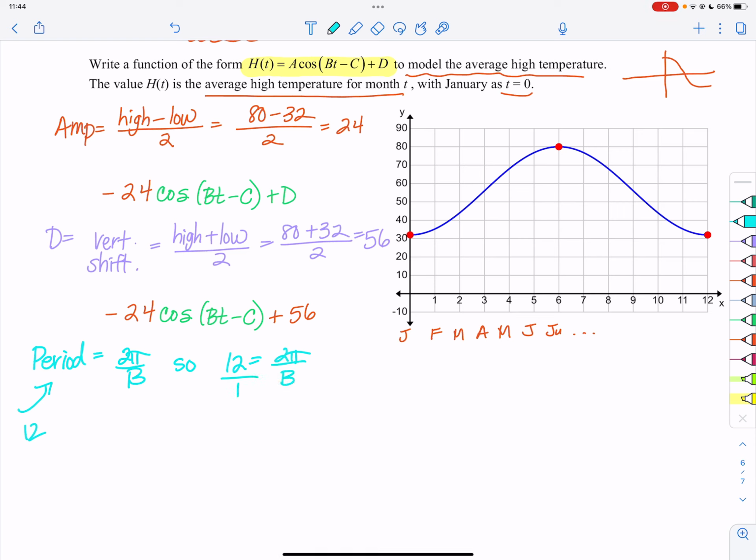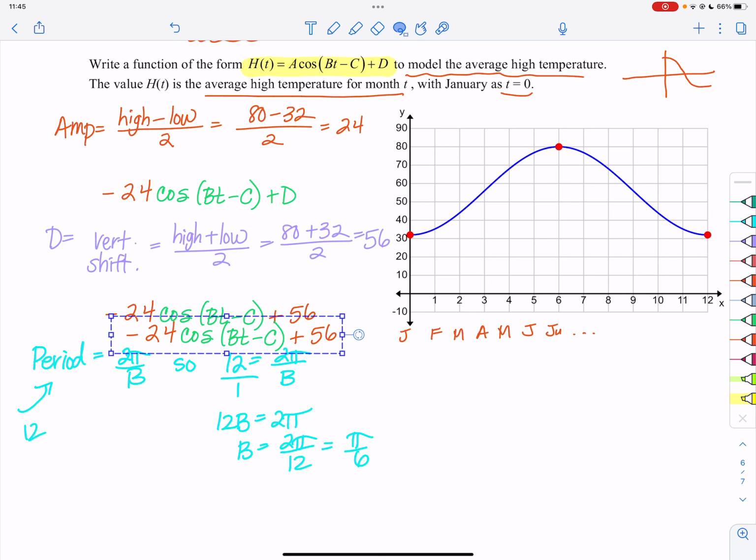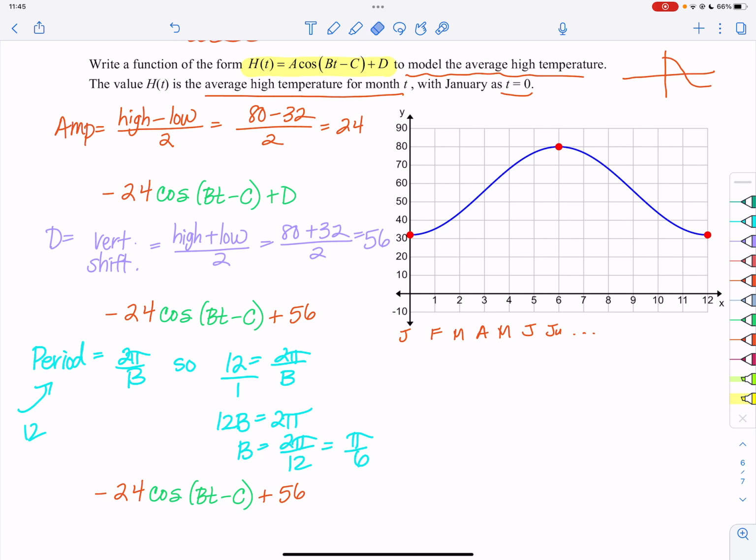We can cross multiply. 12b equals 2 pi, or b equals 2 pi divided by 12, which is equal to pi over 6. So instead of that b here, we will now have pi over 6 times t.